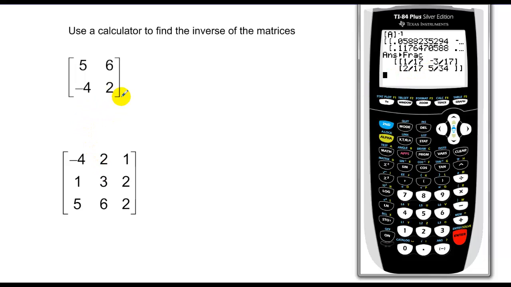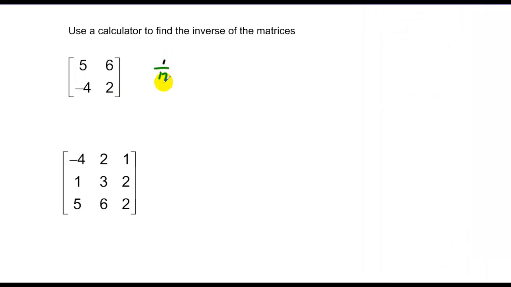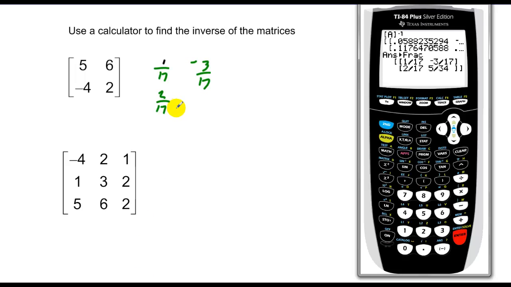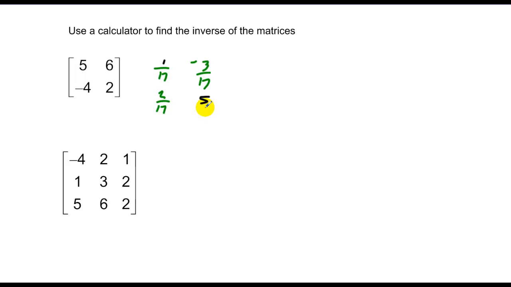So you can see in this case that I have 1/17, 2/17, -3/17, and my last was a 5/34, and that is my inverse matrix.